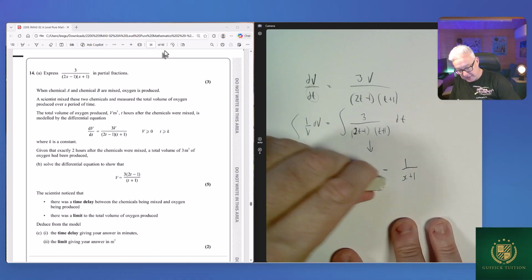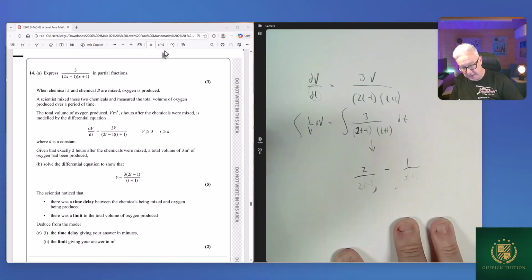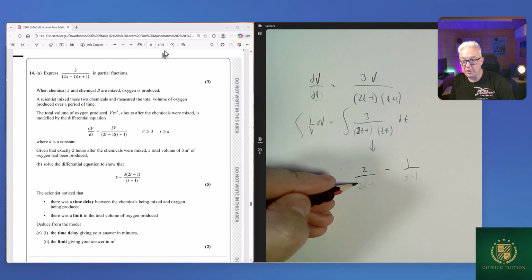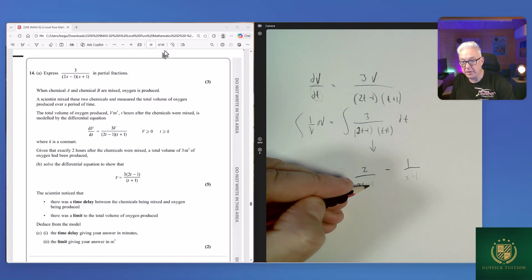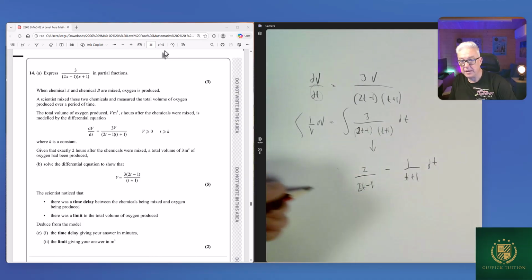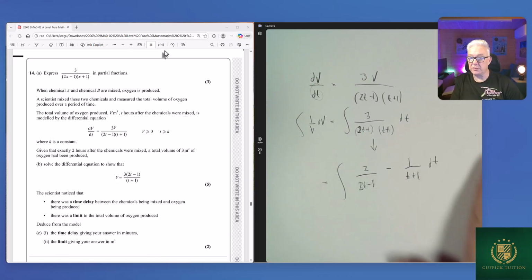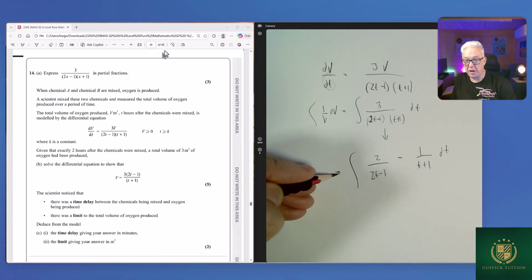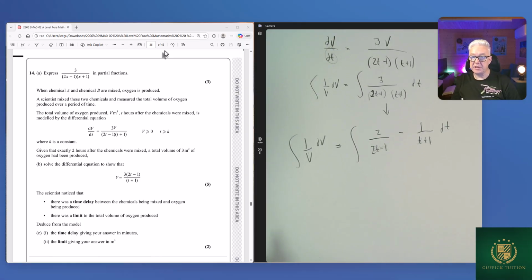Yeah. So it's going to be t there. So it's going to be 2 over 2t minus 1 minus 1 over t add 1 dt. Okay, perfect. So that's just using the result that we got there from part A. And we've got the integral of 1 over V dV. Okay, so now we're ready to proceed.